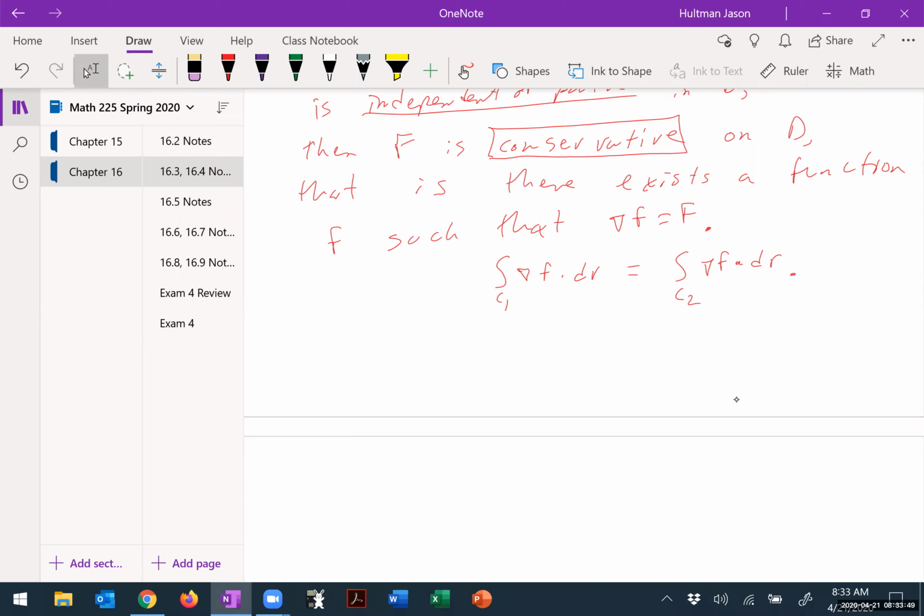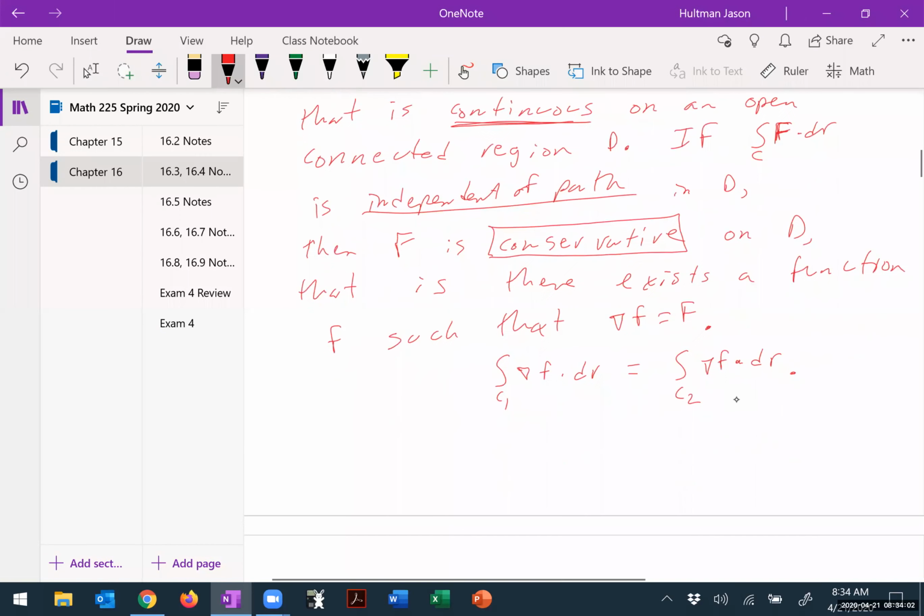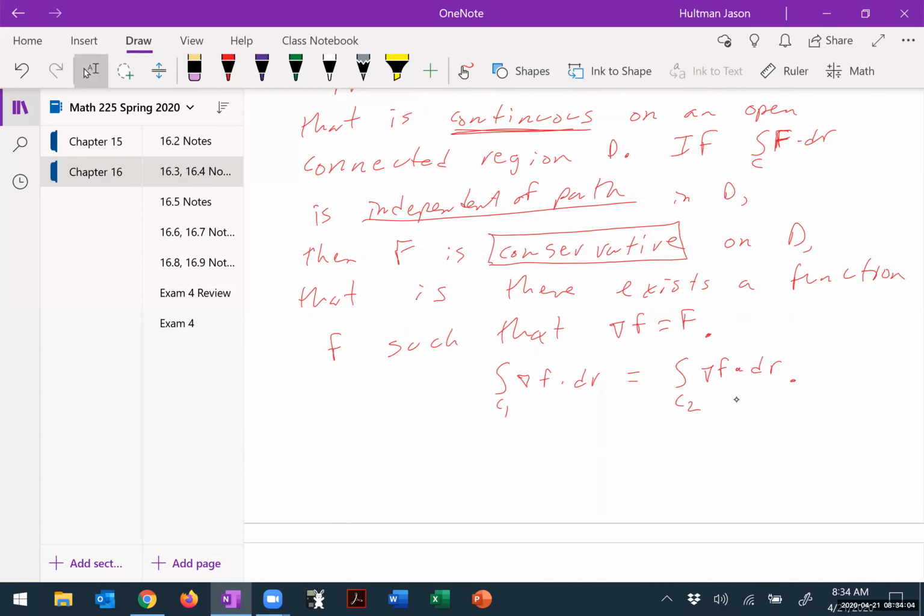So again, if it's independent of path and it's continuous, then there exists a parent function who is also continuous.